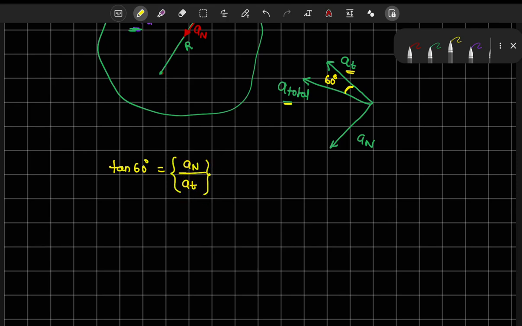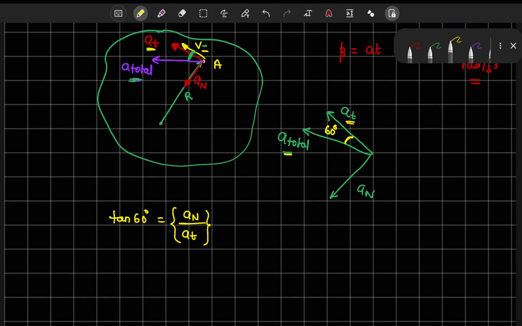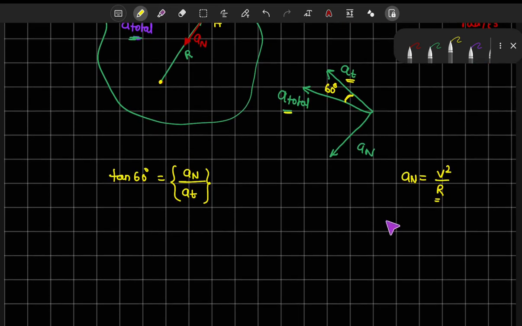At a particular time instant we can write a_n equals v square by r, where r is the distance between these two points, and we can write a_t equals r into beta, where beta is the angular acceleration.